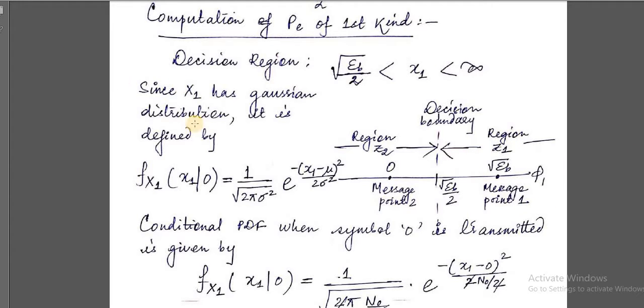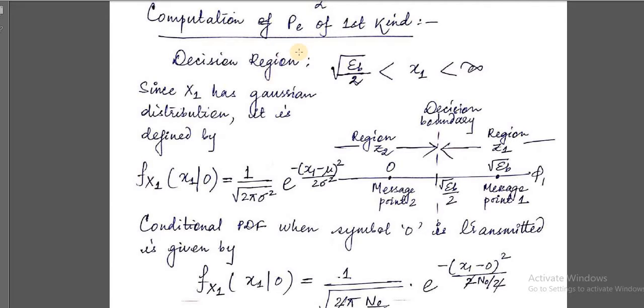Since x1 has a Gaussian distribution, it is defined by the Gaussian distribution PDF, which we know. The random variable is capital X, and small x1 is the dummy variable. We call it a conditional probability, conditioned on what was being transmitted; we have assumed that 0 was being transmitted. We can also do it the reverse way.